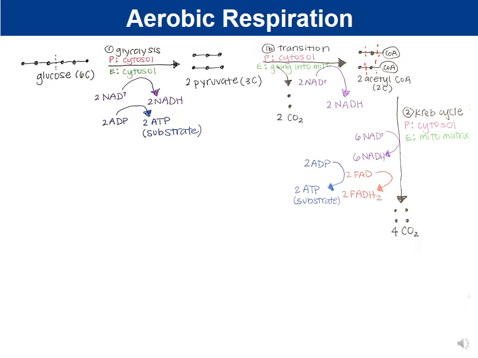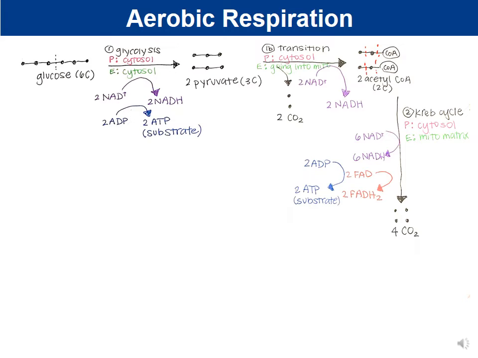So again, the important products during the first 2 steps are the electron carriers. That's where the energy is. When they have their electrons, they are energy rich. And when they drop off those electrons, that energy can be used to make ATP by oxidative phosphorylation, which we're going to see in a minute.